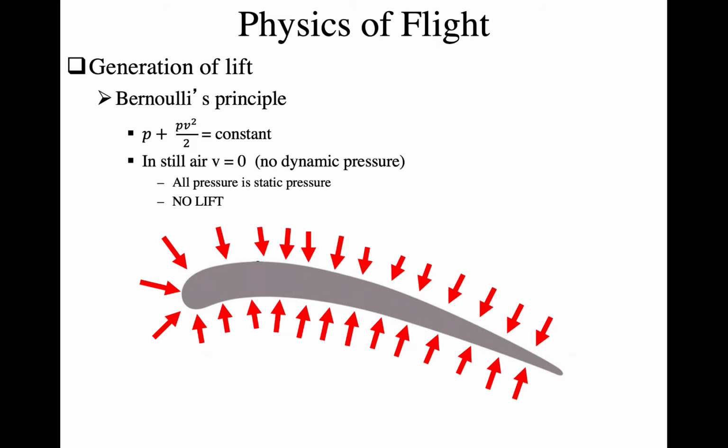So the only pressure that can exist is the static pressure. Now in a situation like this, therefore, you have to have static pressure equal on top of the wing, on all sides of the wing. That's not going to go anywhere. You're not going to generate any lift in this situation. Now I want you to remember these big red arrows, because we're going to revisit how static pressure can change when you introduce dynamic pressure.